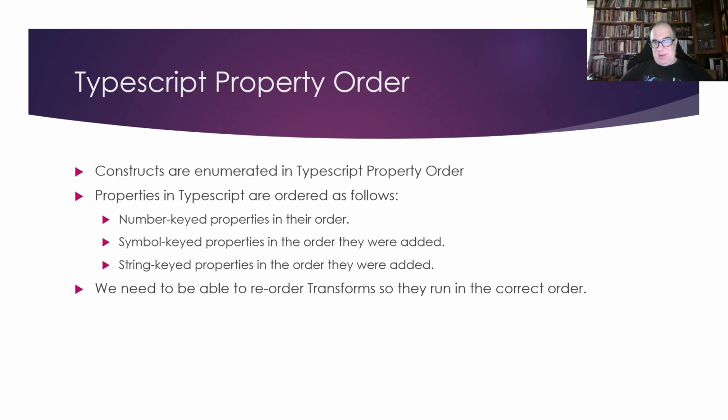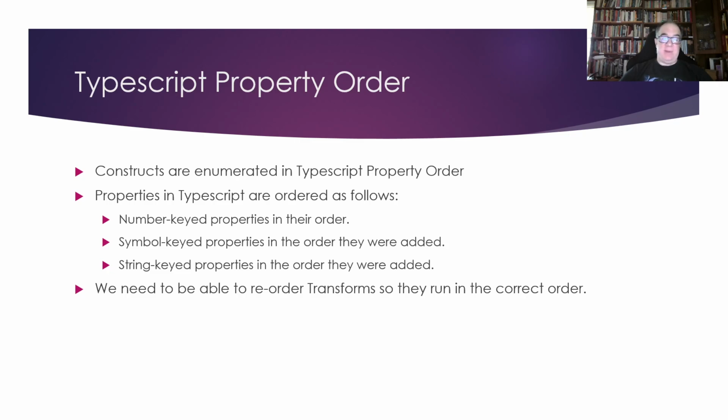Symbol keyed properties are enumerated in the order that they were added in. And string keyed properties, which are the ones that we use in constructs because that's the construct ID that is used in the children array of the parent construct, are enumerated in the order they were added.